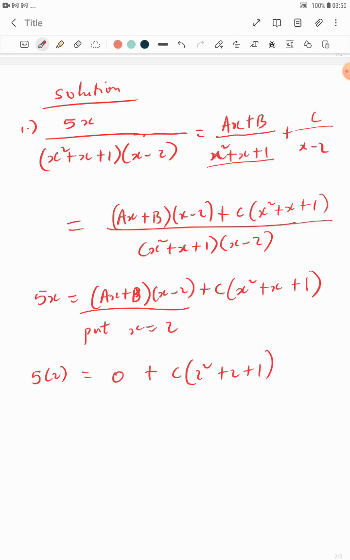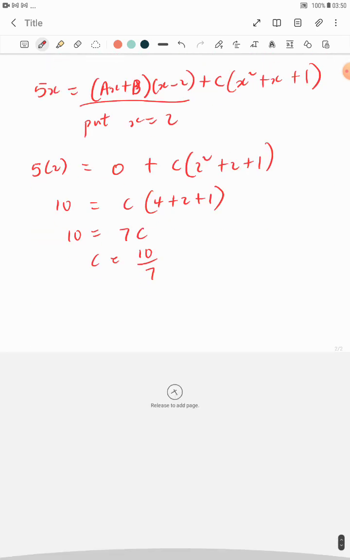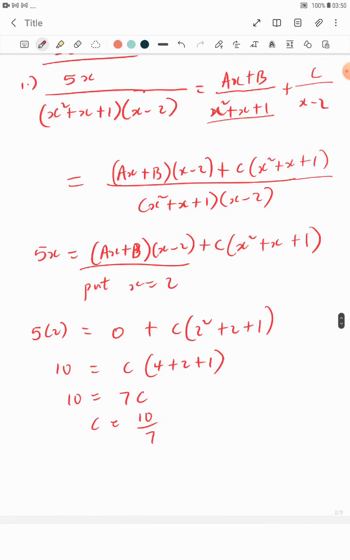And then that will be 10 equals c into bracket 4 plus 2 plus 1. So that will be 10 equals 7c, and c equals 10 divided by 7. So that's what we have as our c.